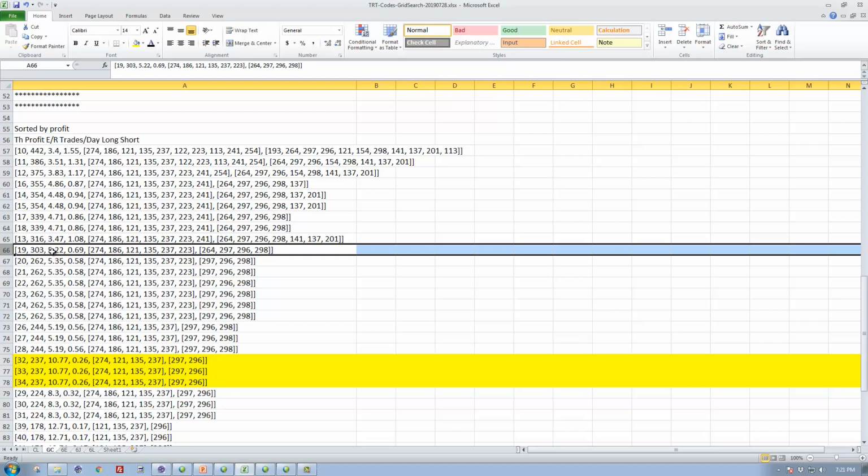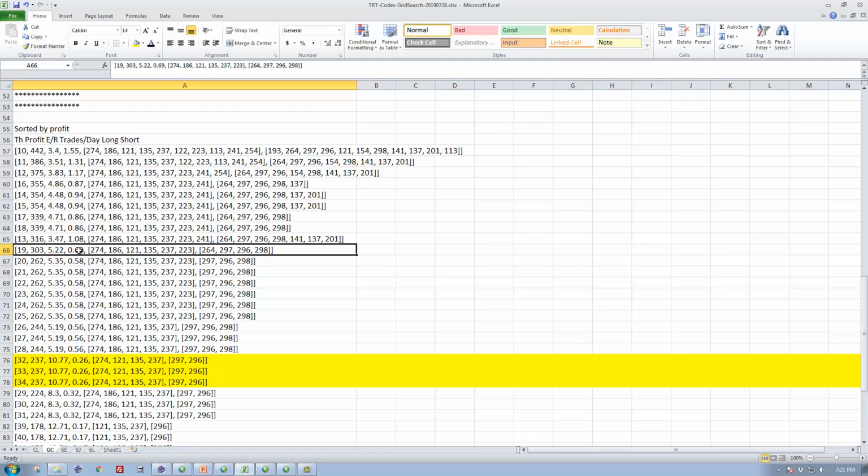So if 0.69 trades per day versus 0.26, this may be a reasonable candidate here if you're only trading gold. Whereas for me, I already don't like it because I don't like the ER that low, and the number of trades per day is too high if I want to trade multiple markets.